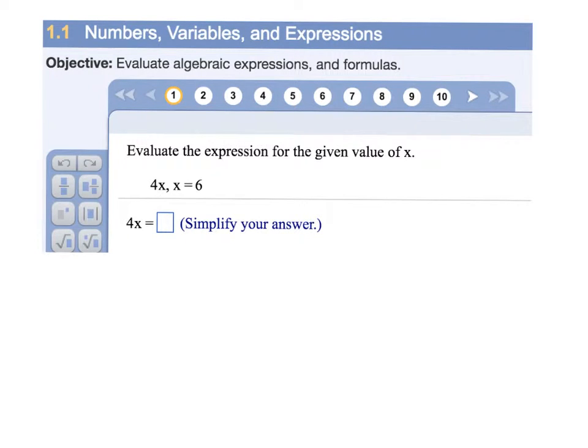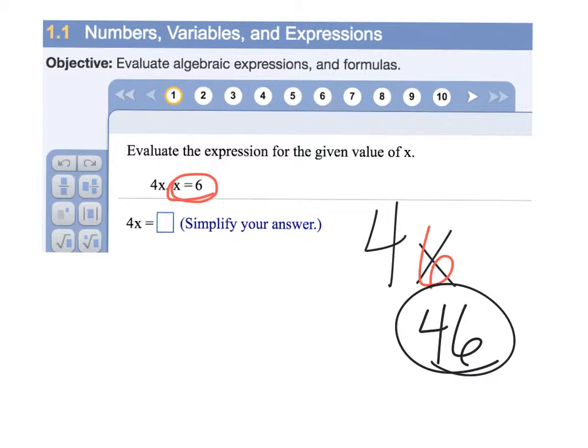So this question says, evaluate the expression for the given value of x. And so what we've got is this 4x, and then we're told that x is really a 6. A lot of people might want to just say, oh, well, if x is really a 6, then the answer is 46.